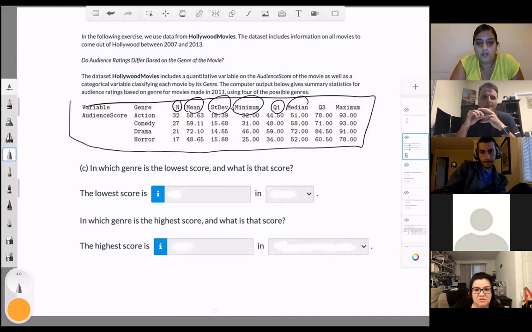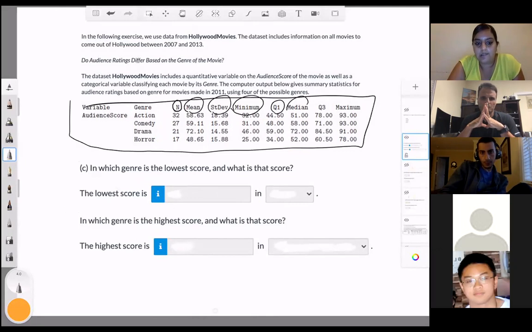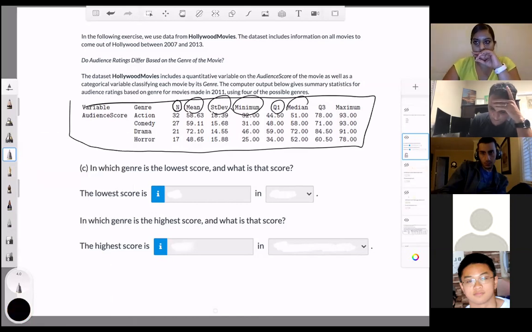In which genre is the lowest score, and what is the score? Is the lowest score horror, and it's 25? Or the lowest score is 25 in horror. And then the highest would be 93.